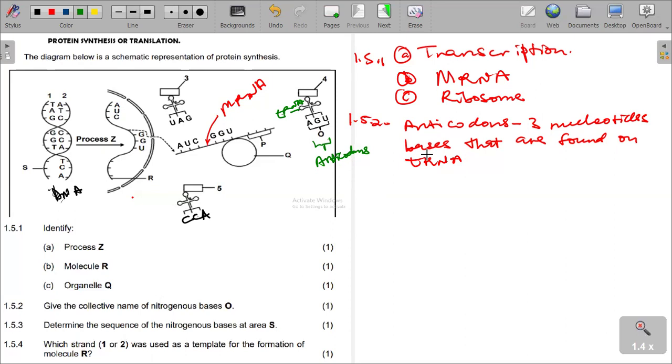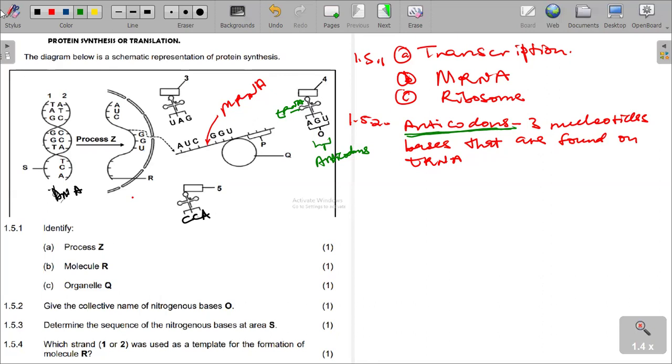The answer just wants you to say anticodons, but for clarity's sake, I've just defined what those anticodons are. They are 3 nucleotide bases that are found on tRNA. That's what we call anticodons.